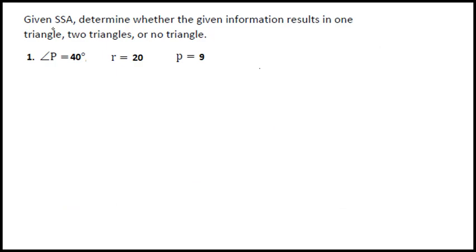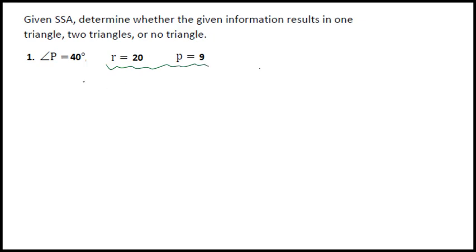Given SSA, determine whether the given information results in one triangle, two triangles, or no triangle. The angle P equals 40 degrees, r equals 20, and p equals 9. So these two mean the sides of the triangle.